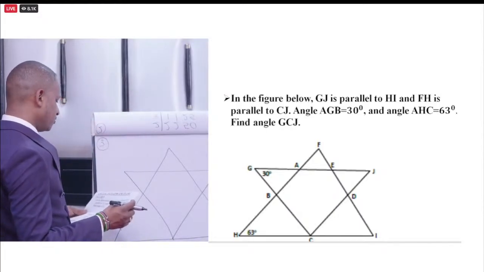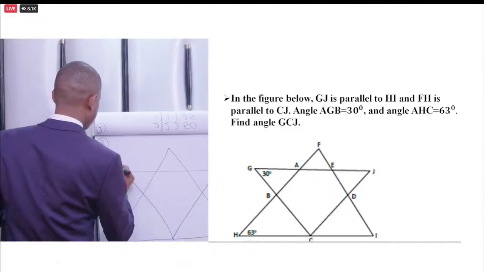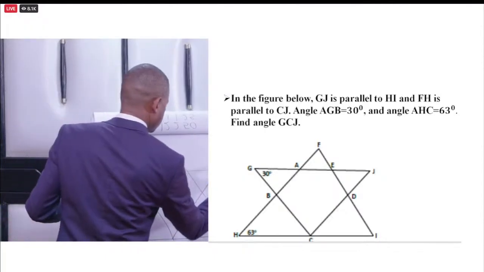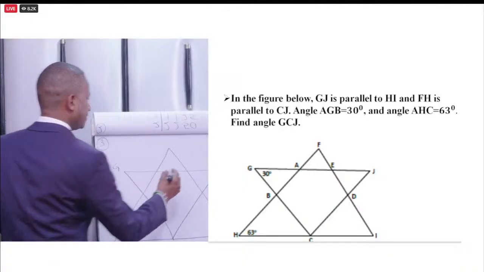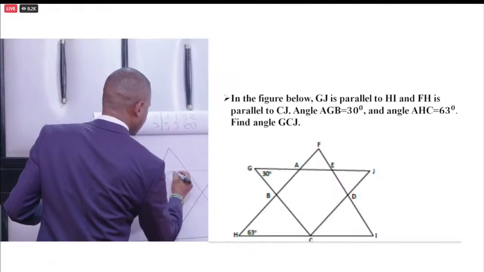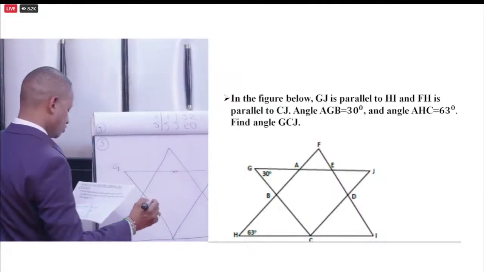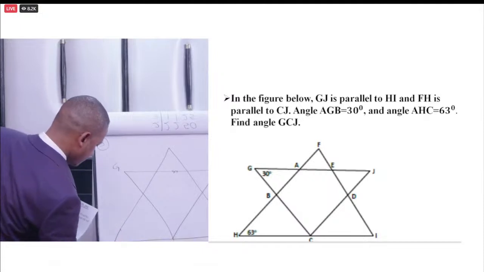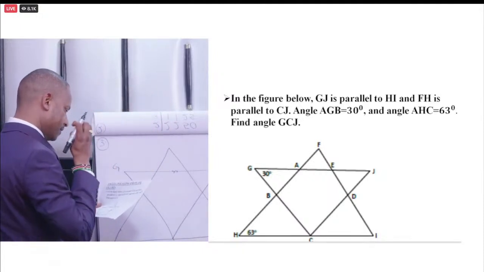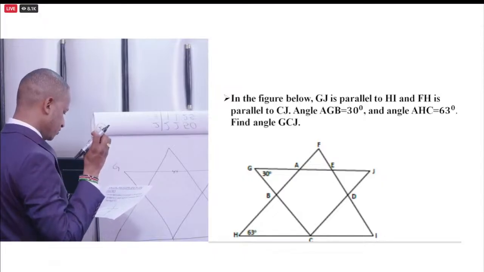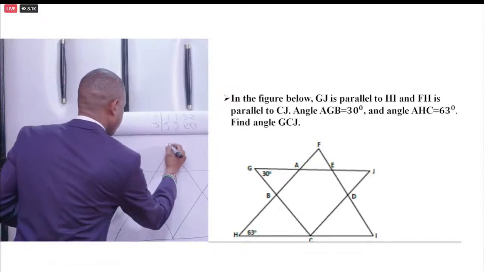In the figure below, GJ is parallel to HI. And FH, where is FH?